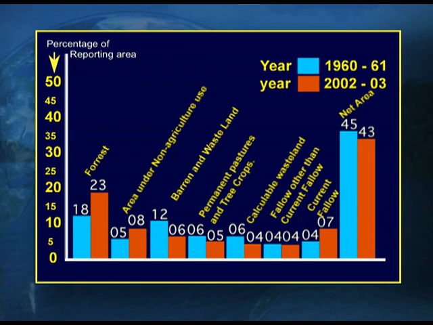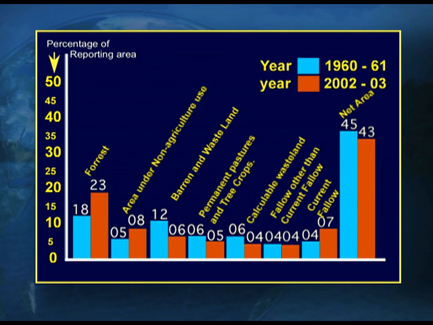Another category where there is an increase is the area under non-agricultural use. When we say that the area under non-agricultural use has increased, we must think that the types of activities Indian people are taking up these days are shifting from primary to secondary or tertiary activities.